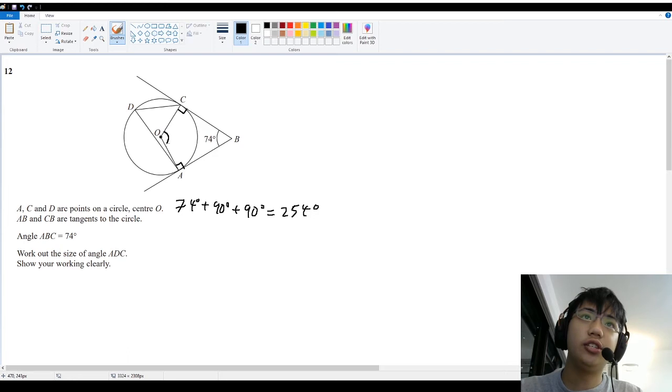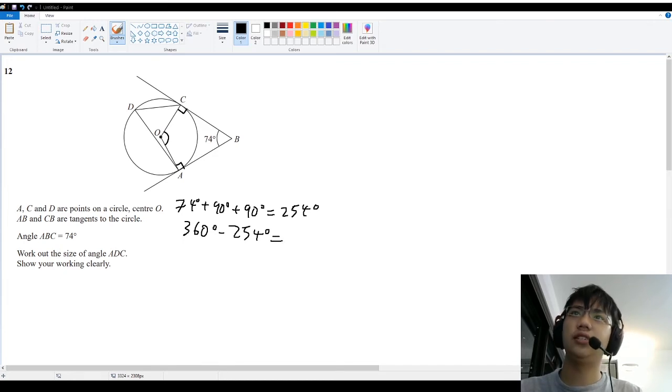So this angle here would be 360 minus 254 degrees, which gives us 106 degrees. So that's the angle here.